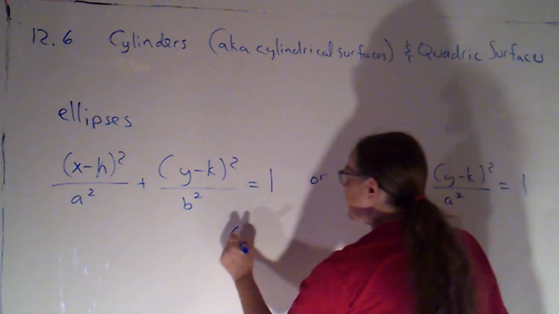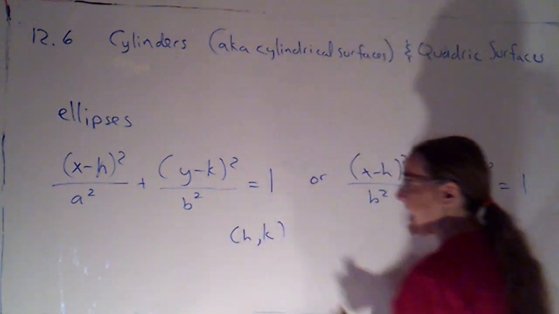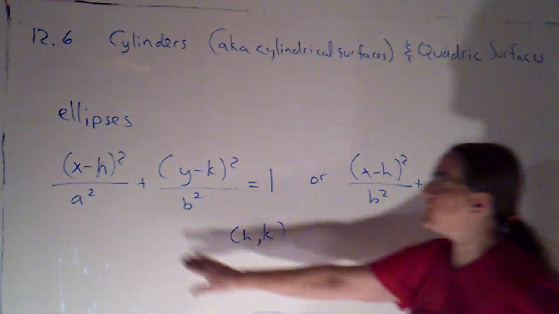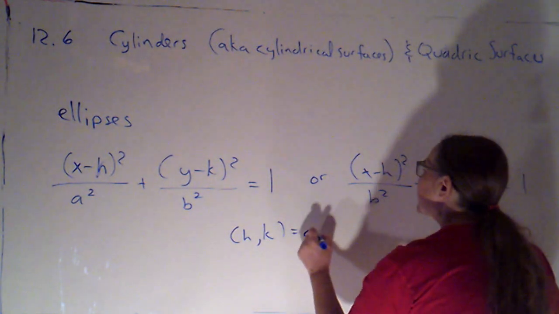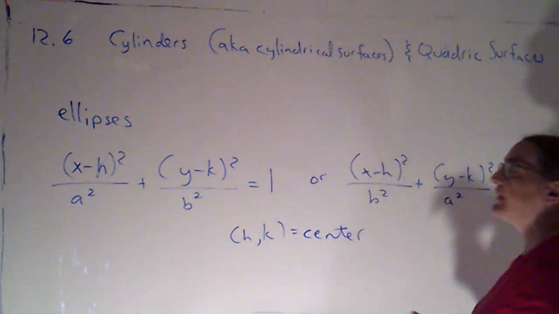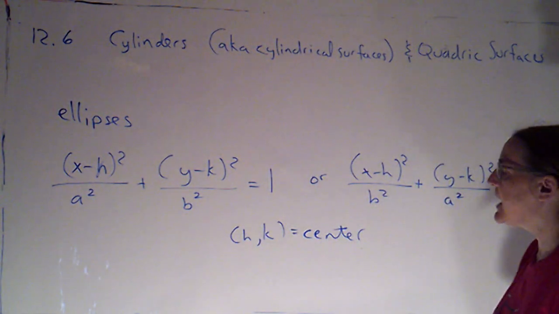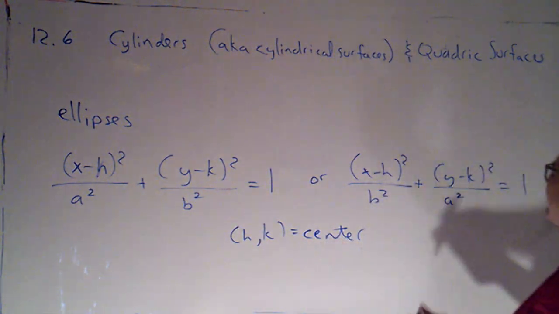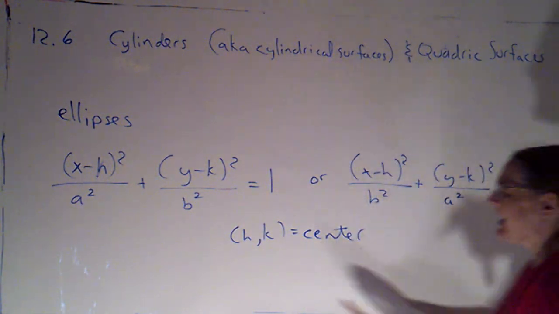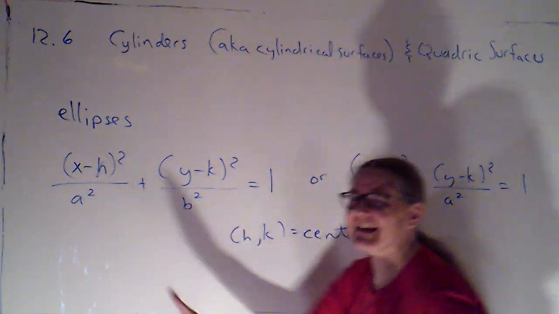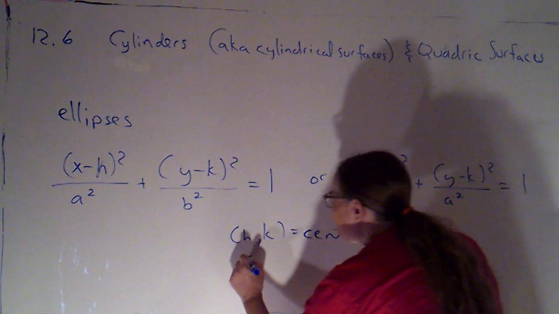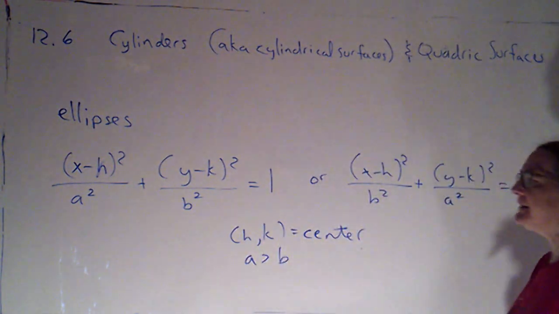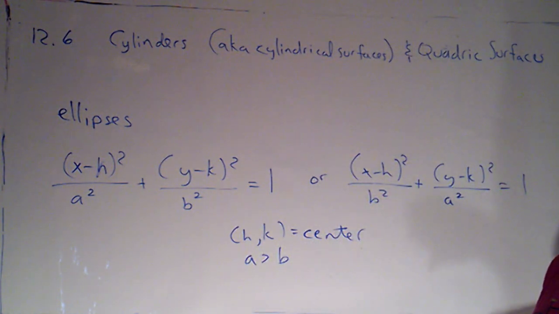Now for both of these, h, k, the point whose coordinates are the two numbers that we are subtracting from x and y, is going to equal the center. Okay. Now, these are essentially the same, except here I put a under the x's and here I put a under the y's. By definition, for an ellipse, a is going to be the bigger number.